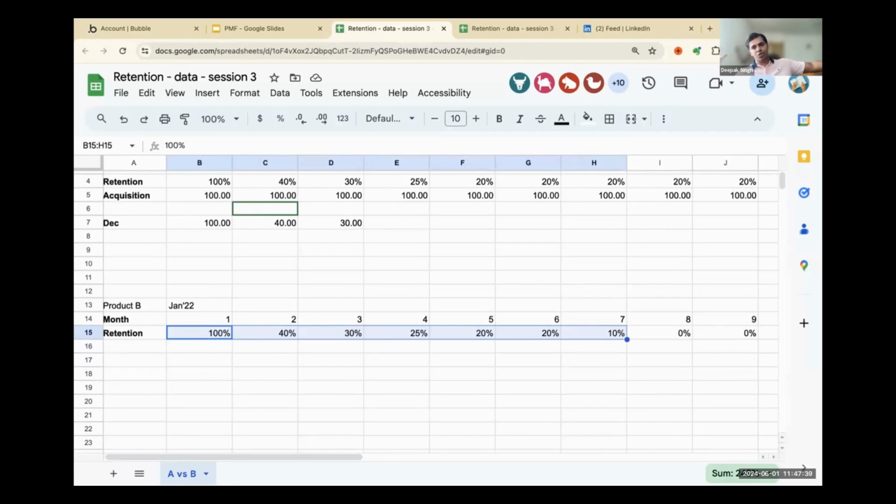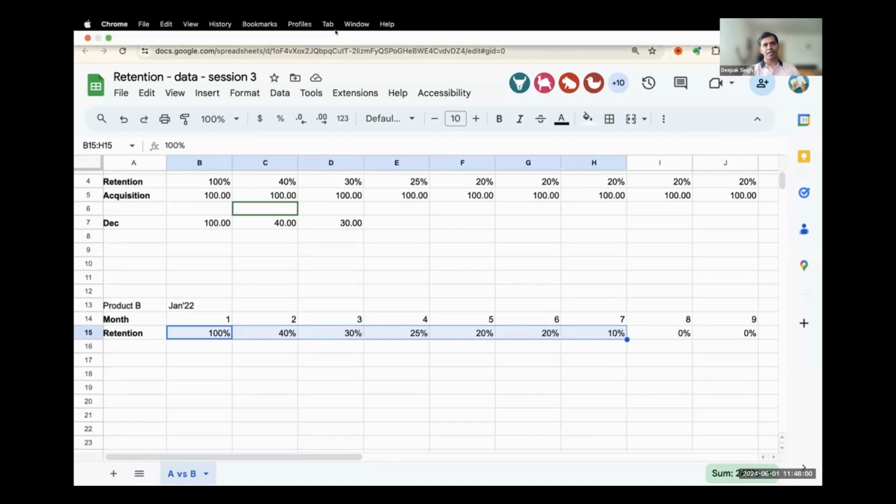From January to December, in December, when I'm looking at MAU, everybody from January is gone, right? But in case of A, 20% of those are still coming. So in case of flattened retention, the curves keep stacking up. But if it goes to 0, curves don't stack up. And that leads to stagnation of growth, right?